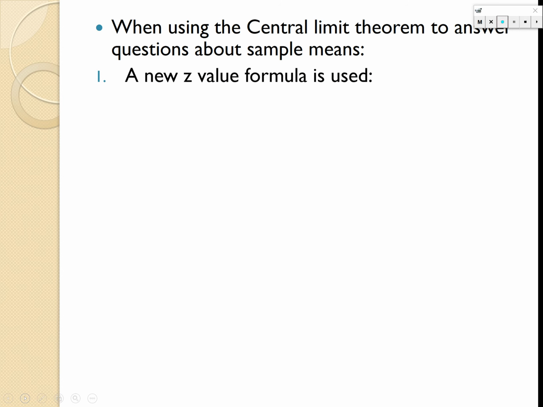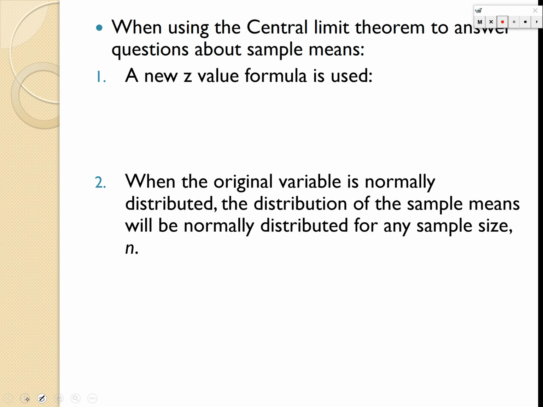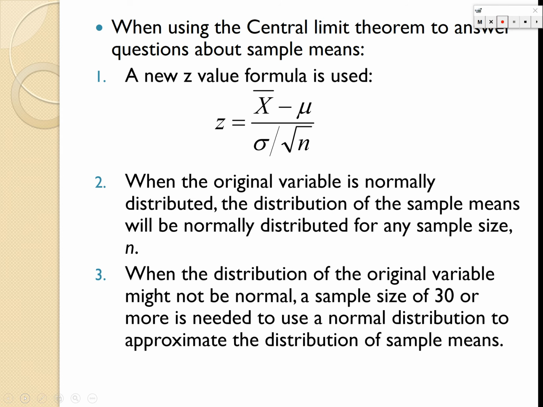So when you're using the central limit theorem to answer questions about sample means, we do have a new z-value formula. There it is. So if you need some of the pieces, you have your X bar is your sample mean. Your mu is your population mean.